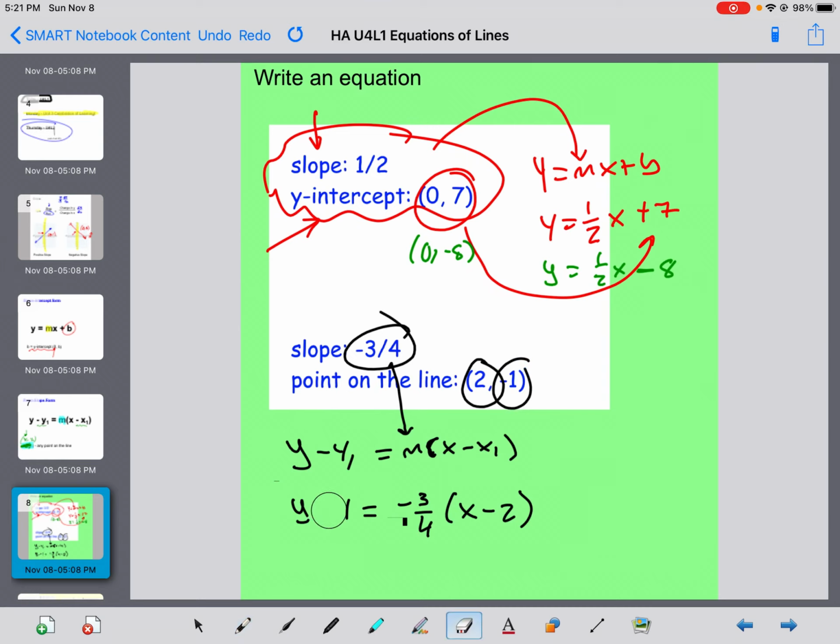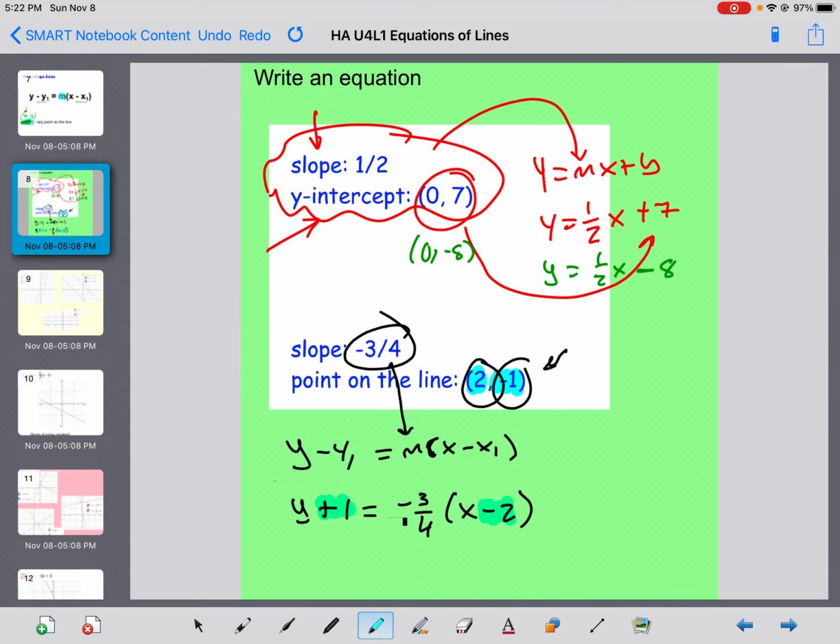But we could clean that up a little bit and make that y plus 1. So the big thing with point-slope is you are given just any point on your line, not necessarily the y-intercept, and we are going to subtract them. So really make them the opposite sign. So 2 becomes -2, -1 becomes y plus 1.